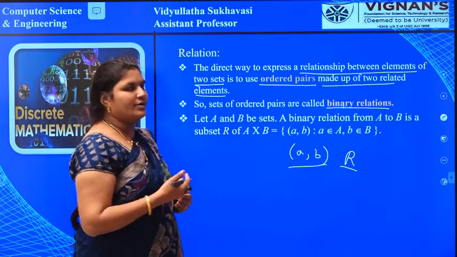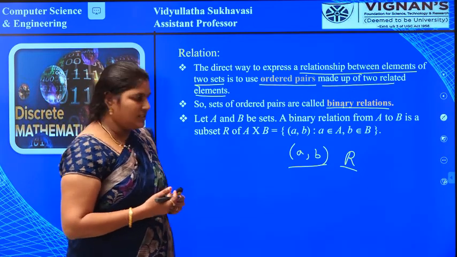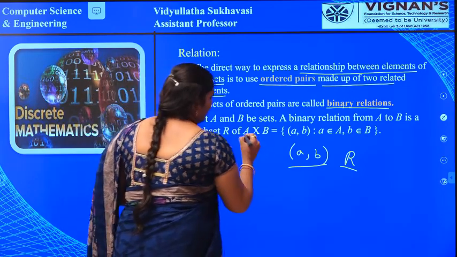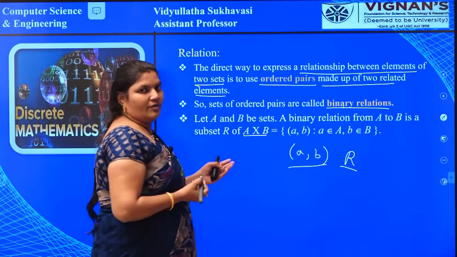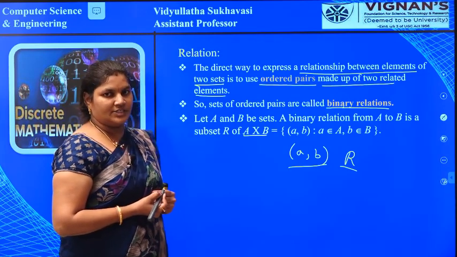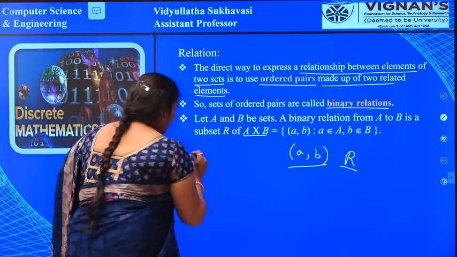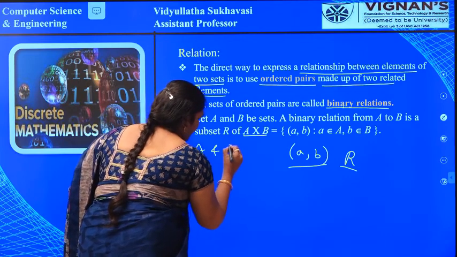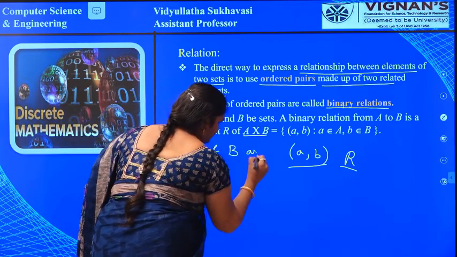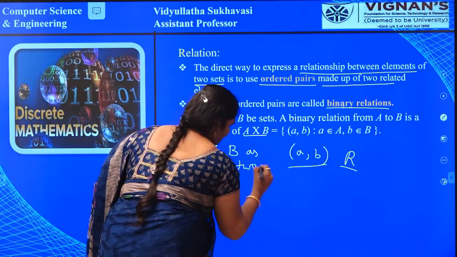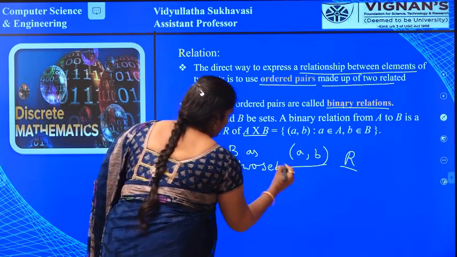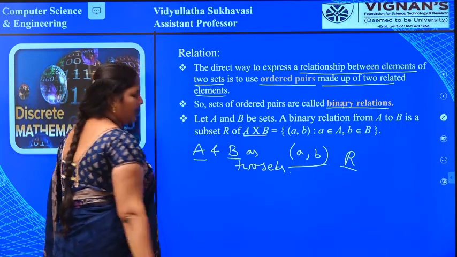How do we represent that relation? With the help of the Cartesian product. Suppose A and B are two sets.